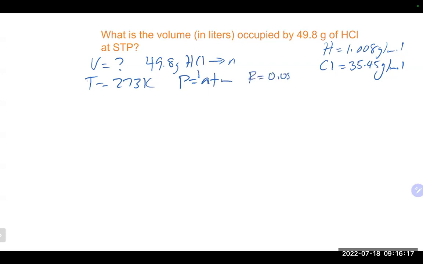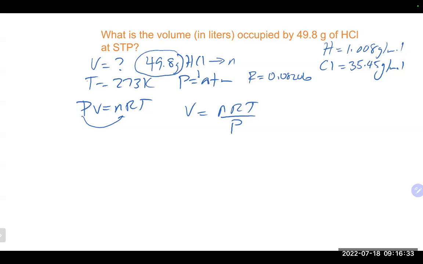So we can use the ideal gas law here, PV equals nRT. Once again, we solve for V: V would be nRT divided by P. In this case, the only conversion we need to do is convert our grams into moles.